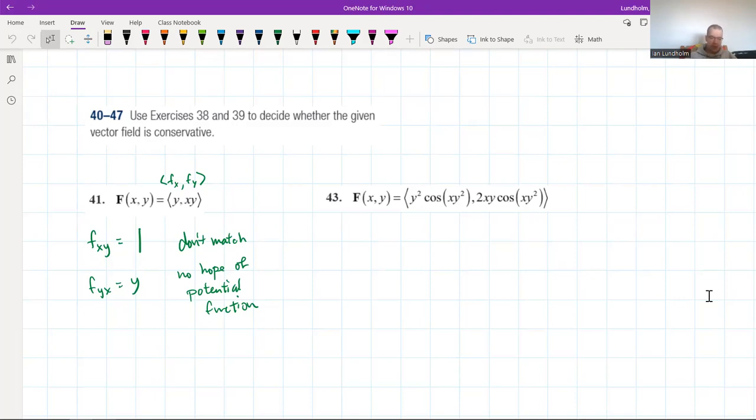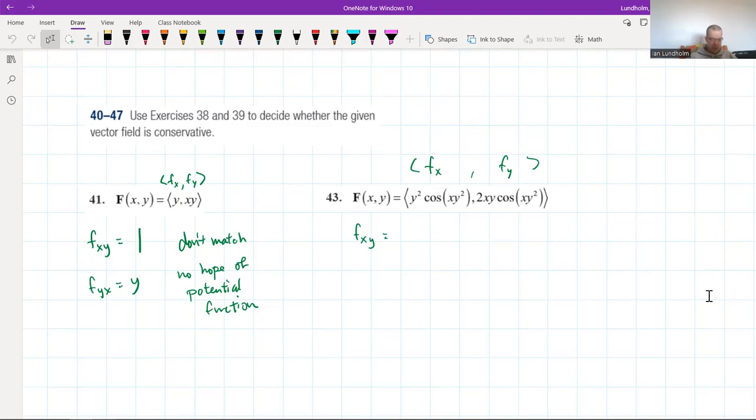So if we took both the partial derivatives, well, we can do the same color. Yeah, sure, we'll do it. If we took the partial derivative with respect to y here, good grief, it's a product rule.